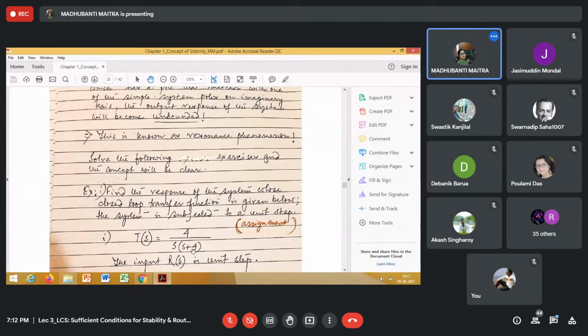So if we take the inverse Laplace transform to find c(t), then we'll find that one term present will be A into t, where A is some constant.